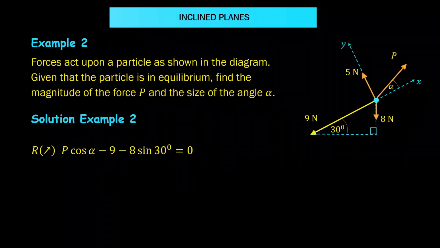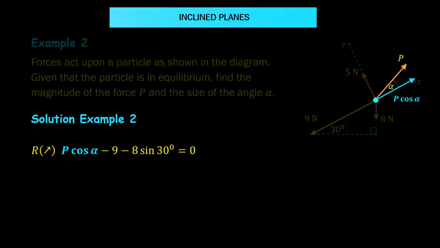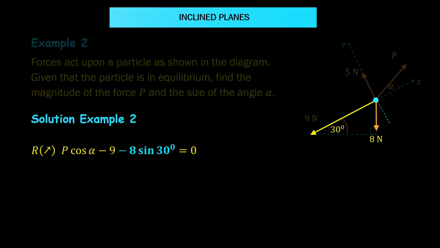Resolving parallel to the slope using the upward direction as positive, we have P cos alpha minus 9 minus 8 sine 30 degrees equals 0.